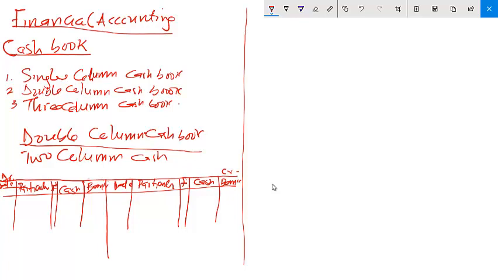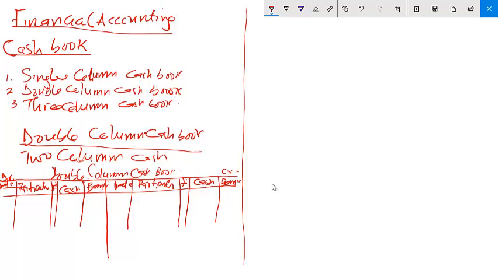It's very important that we have a heading, so this is called the double column cash book.